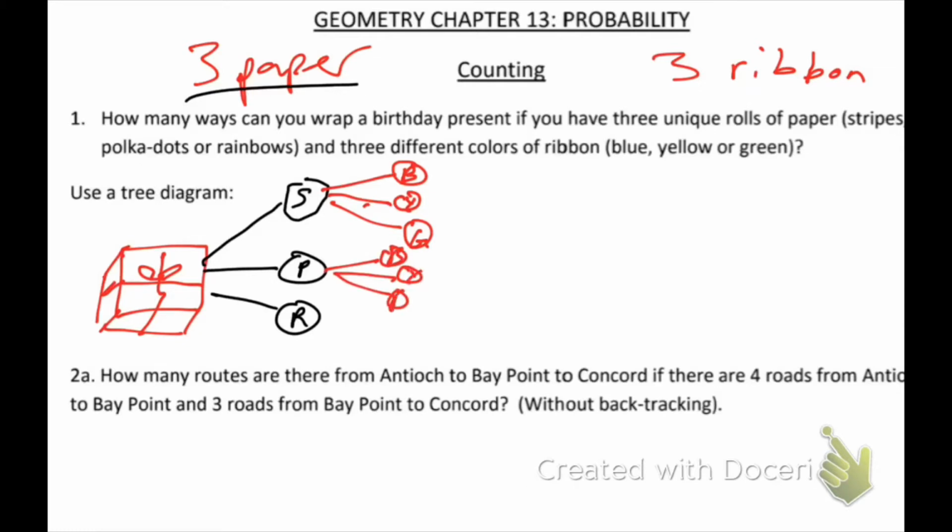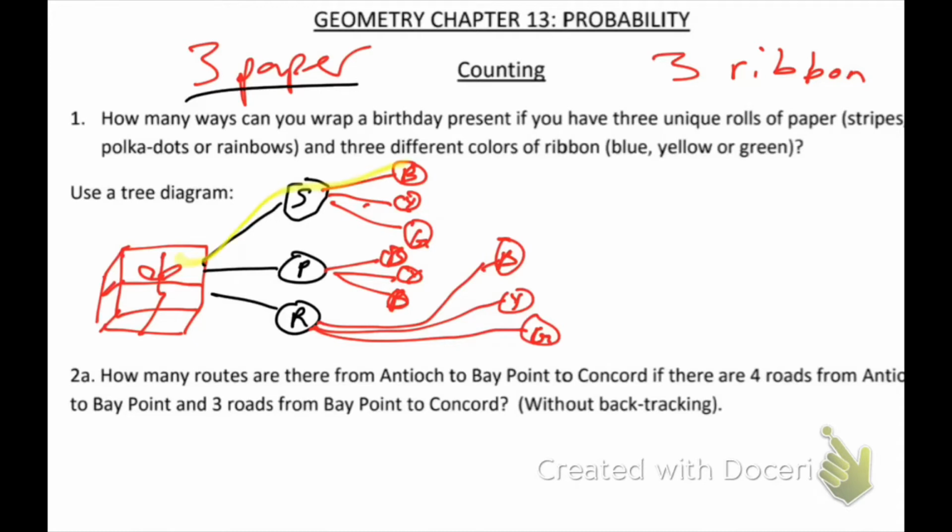But I could also have this option, blue, yellow, green. And sorry, it's a little bit messy, and I have these 3 options here, blue, yellow, and green. So that's all my total number of outcomes, different methods to get to the ways I could wrap it, but how many total ways can I wrap this? Well, I count each branch.